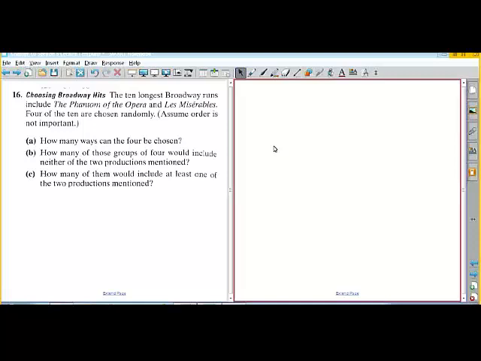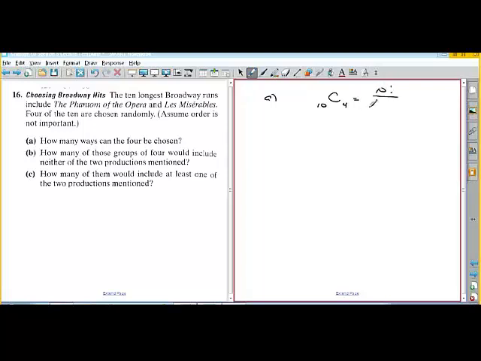So when we answer question A and we use combinations, here's A. We just have to figure out what the numbers are. How many shows can we choose from if there are no restrictions? 10. And how many are we choosing? 4.